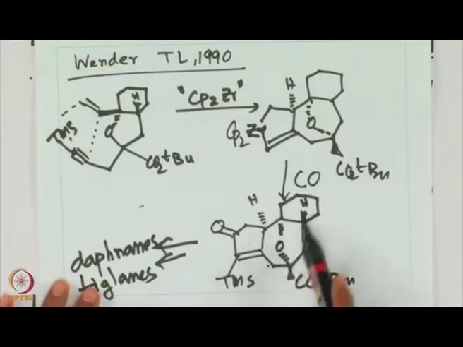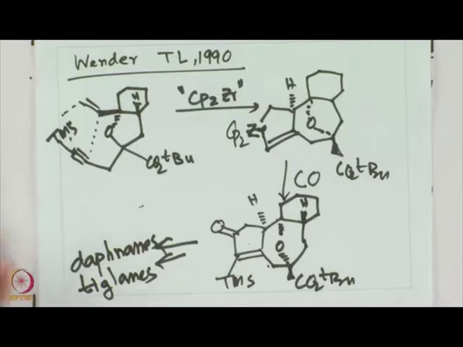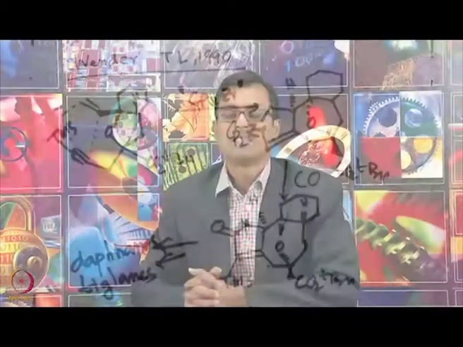So, 5-membered, 7-membered and 6-membered heterocycles are overall put together by utilizing this technique. This is going to be a useful technique for synthesizing a number of natural products. We will see few of them right away.